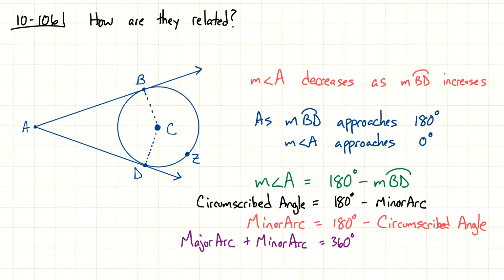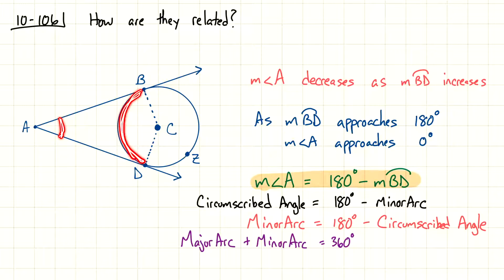All right, since we understand there's a relationship there, we're going to look at this statement that says the measurement of this angle A is equal to 180 degrees minus the measurement of this arc.